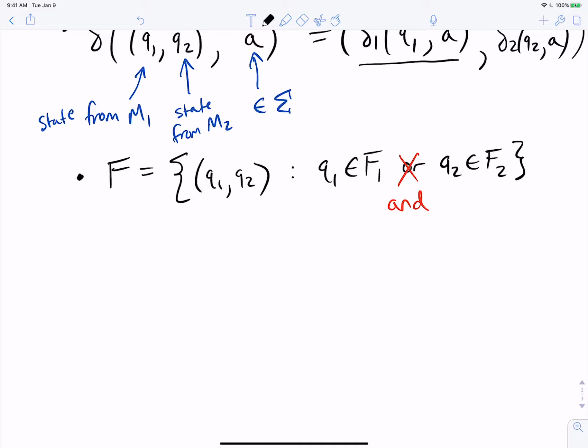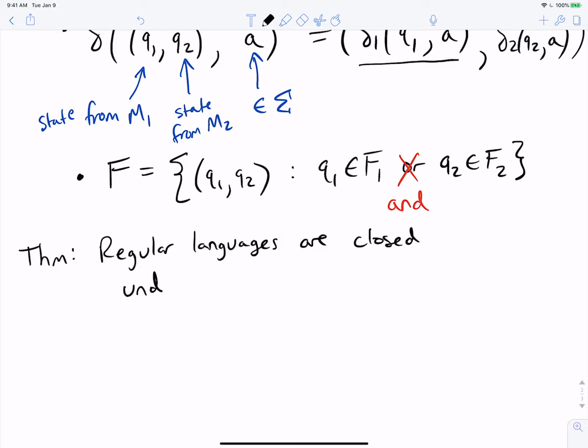Yeah, because if we take two arbitrary DFAs, apply this procedure, we get a DFA for the union. What about intersection? Exactly the same. So what we've just shown is that regular languages are closed under union and intersection.